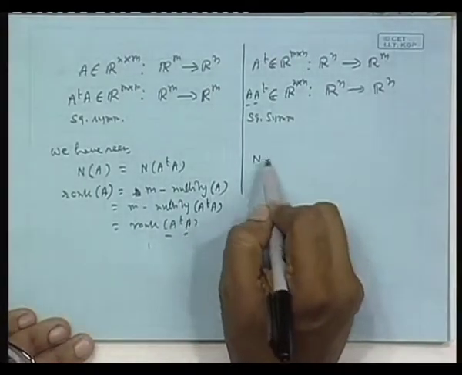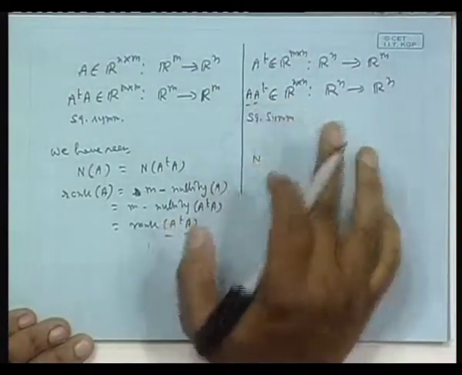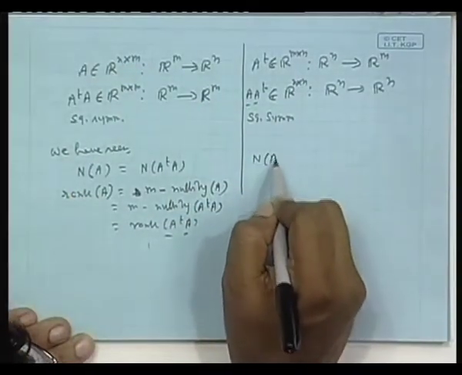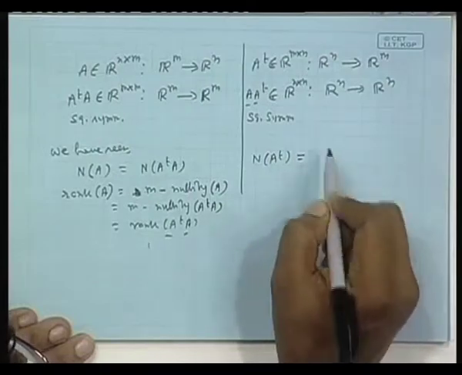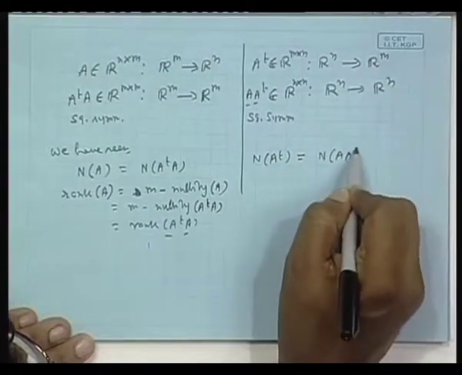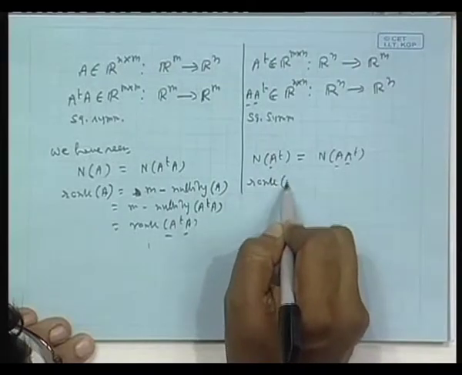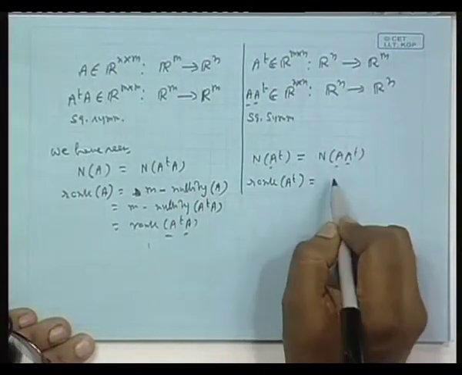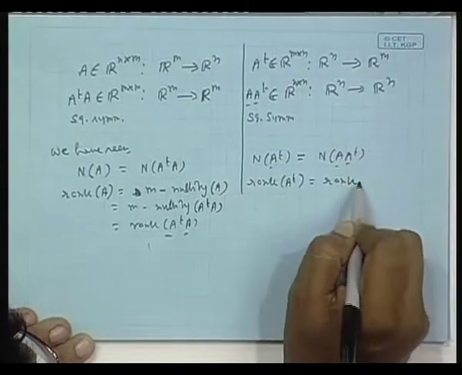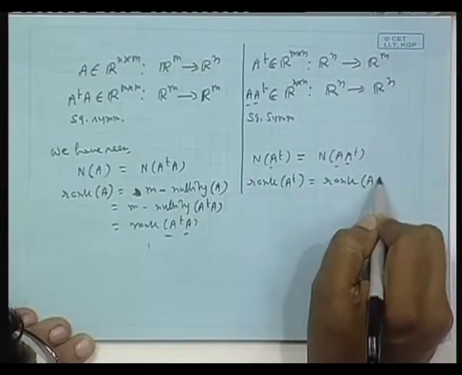In a similar manner, you can even call A transpose as A prime, and all this theory can be worked on this side. The null space of A transpose will be the same as the null space of A A transpose, and the rank of A transpose is the same as the rank of A A transpose.